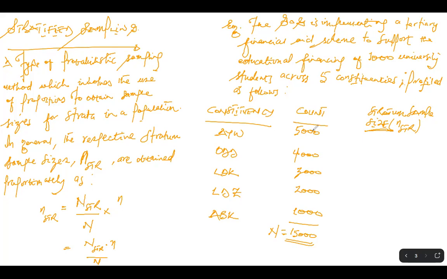So the stratum population for Ayawaso is what? 5,000. The stratum population for ODD is 4,000 and so on and so forth. So in order to obtain the n_h for Ayawaso, it would become what? The big N_h, so 5,000, over big N, 15,000, times the target sample, n.